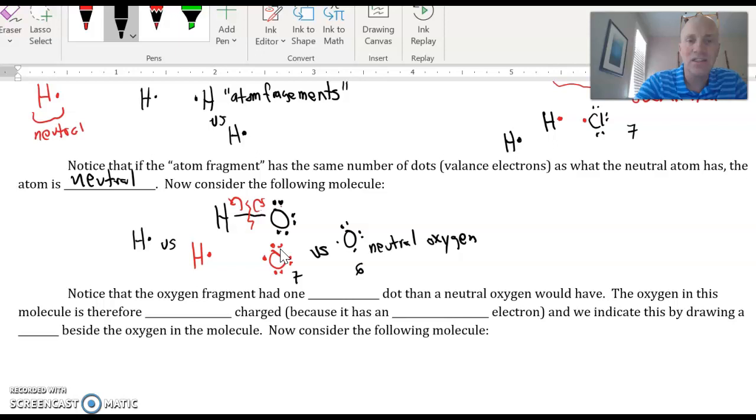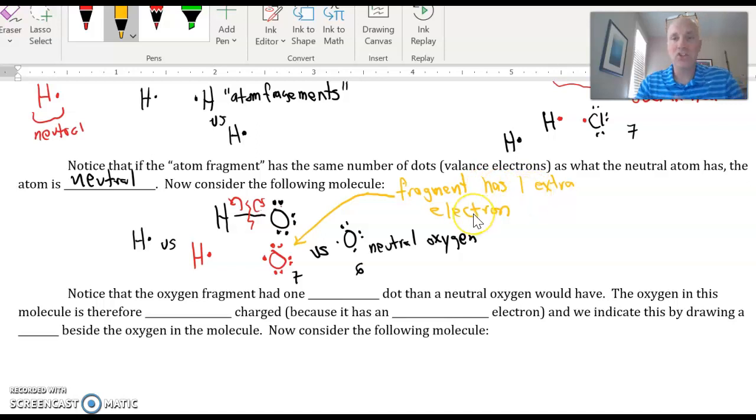And what that indicates is that this particular oxygen fragment has 1 extra electron. And if that fragment has 1 extra electron compared to what a neutral atom would have, it's going to have a negative charge.